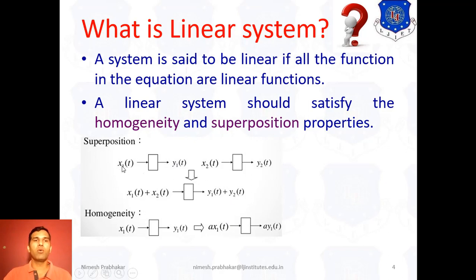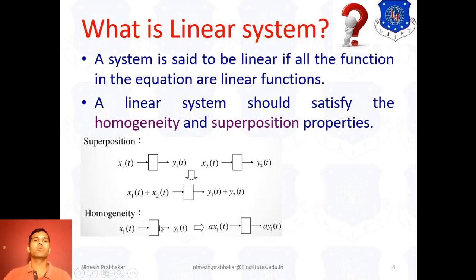That means if we give individual inputs x1(t) and x2(t), and the merged input x1(t) plus x2(t), then we get the merged output of these two systems, y1(t) plus y2(t), and the system satisfies the superposition theorem.